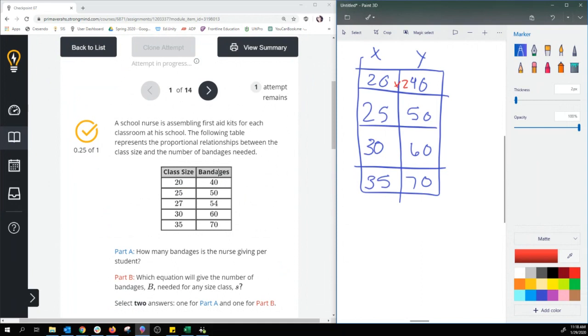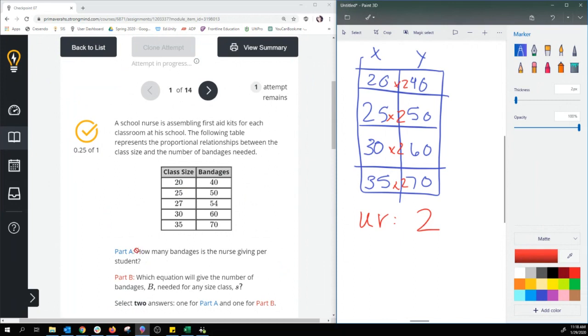What do I multiply 25 by to get 50? By 2, right? So I'm multiplying all of my X values by 2 to get to my Y, which means that my unit rate for this problem is going to be 2. Okay, so for every 1 student, I need 2 bandages.